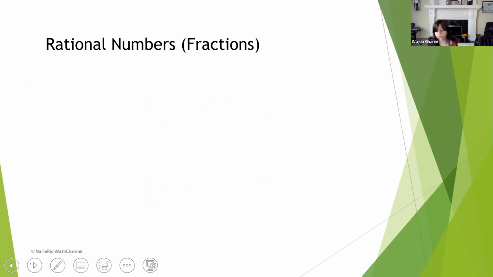Then we have rational numbers. What are these rational numbers? Any number that can be written by dividing one integer by another. In plain English, any number that can be written as a fraction or ratio. An easy way to remember this is to think of ratio as the root word.